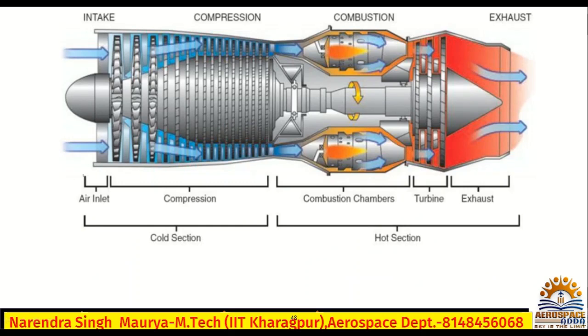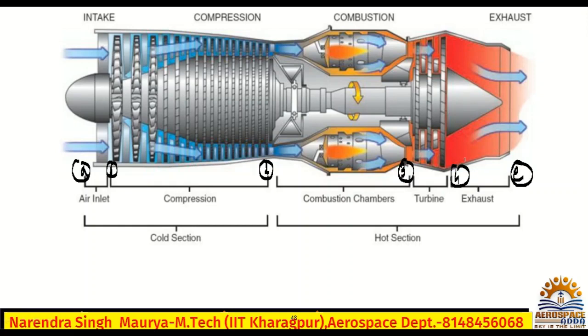This is nothing but A, this is 1. This is the compressor up to here, this is 2, and from here to here is the combustion chamber, 3. This is turbine 4, and this is the exit, which is nothing but the exhaust of the nozzle.